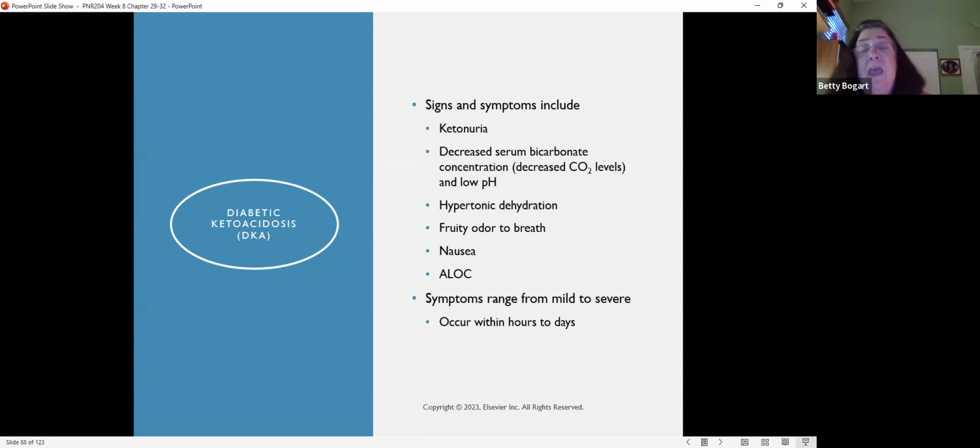So, what do you see with DKA? Well, you're eating fats and proteins, ketonuria. You're going to have a decreased serum bicarb, which means your pH, instead of being 7.35, 7.45, it's going to be lower. And I usually have seen them less than 7, which is quite scary to me.